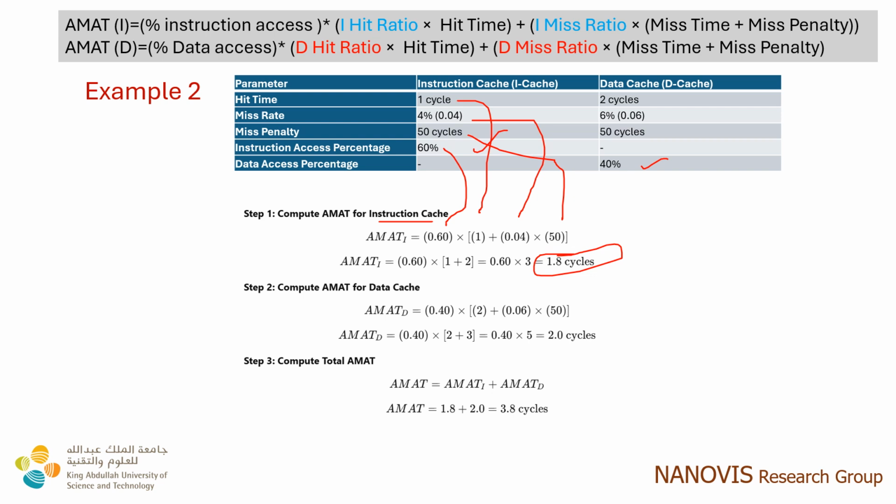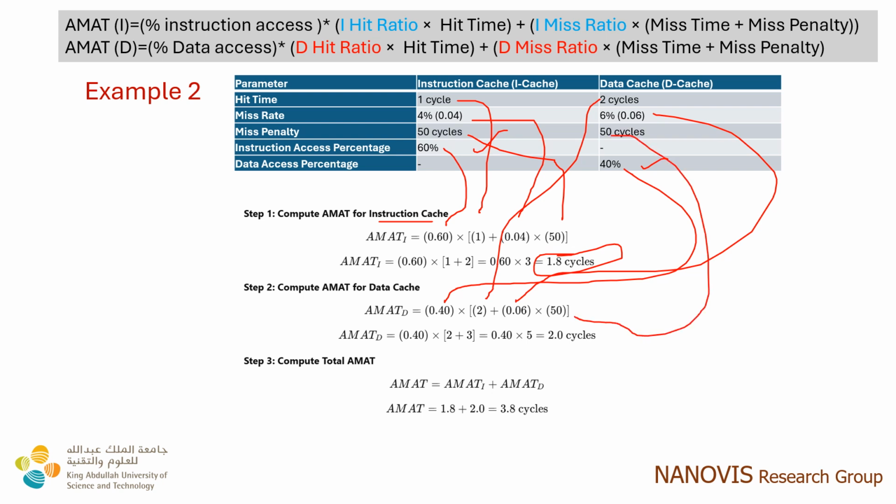For the data cache we have 0.40 multiplied by 2 plus 6%, which is equal to 0.06 multiplied by 50. So it gives us 2 cycles, and if we accumulate, this gives us 3.8 cycles.